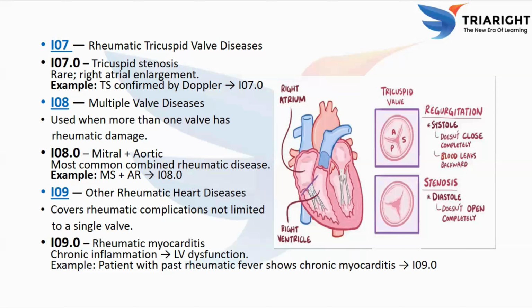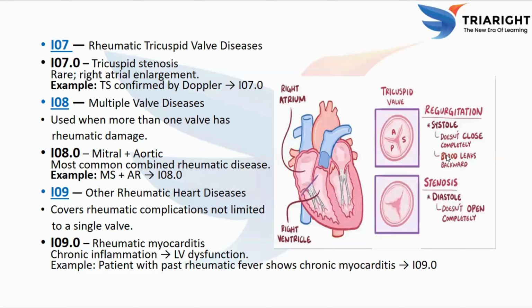And on the right side, you can see the tricuspid valve. So this is located between the right atrium and right ventricle. What does this valve do? It ensures the one-way blood flow from right atrium to right ventricle. So these are the tricuspid valve problems. The regurgitation is nothing but a leakage, and stenosis is narrowing.